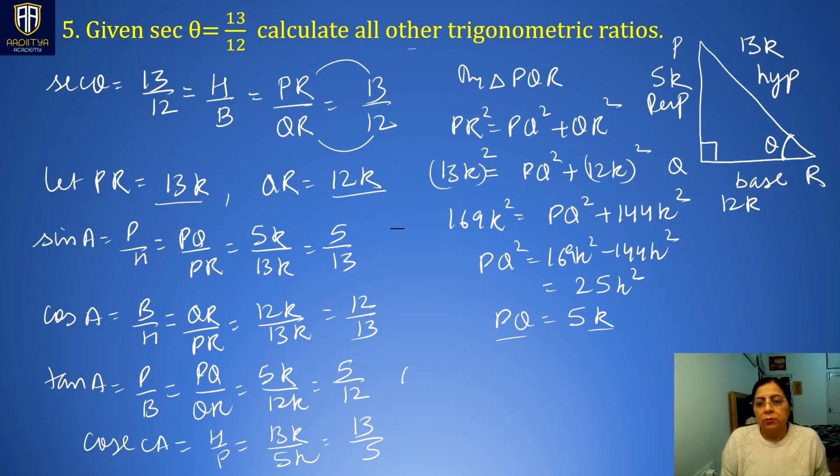So we have to find only cot of A. Cot A is base upon perpendicular. Base is QR upon perpendicular PQ, which is 12K by 5K. So we have 12 by 5. Right? This way we have found all the trigonometric ratios.